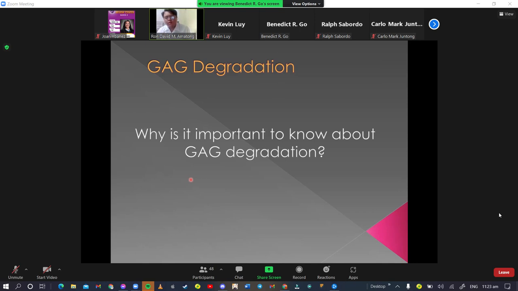Because if it's not broken down and it's accumulated, then it could cause certain conditions. Okay, before jumping into that, what happens if it's not broken down? We already mentioned it's already in the lysosomes. And if it's not broken down, what happens?